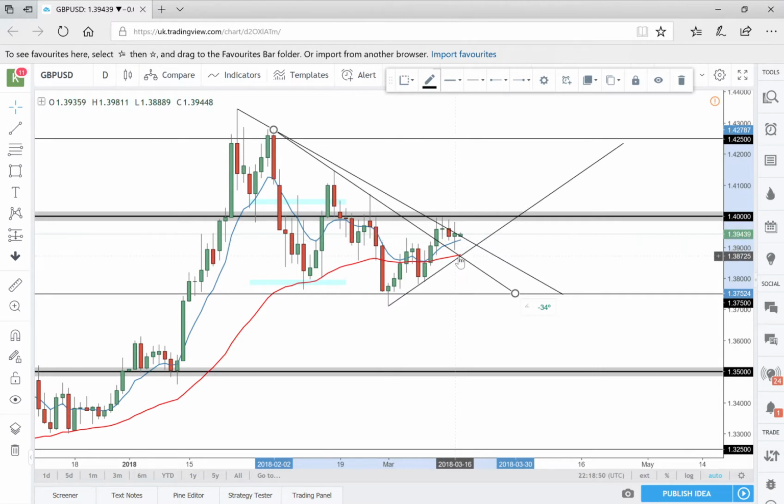and that actually works quite well, because I think there'll be a lot of traders with stops around the 1.4100 region, so it would make sense for institutions to push price past this region, despite the indecision, the lower highs, lower lows.